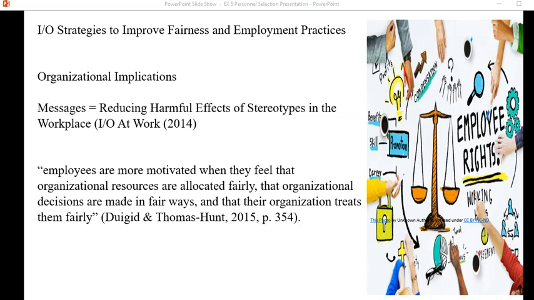Some IO strategies to improve fairness in employment practices and organizational implications. Organizations can send messages to reduce harmful effects of stereotypes in the workplace, such as signs, memos, and symbols. Employees are motivated when they feel that organizational resources are allocated fairly, that organizational decisions are made in fair ways, and that the organization treats them fairly.